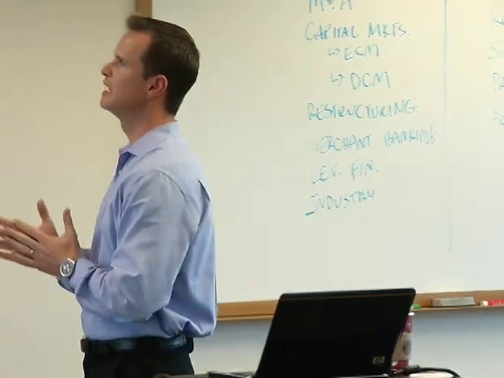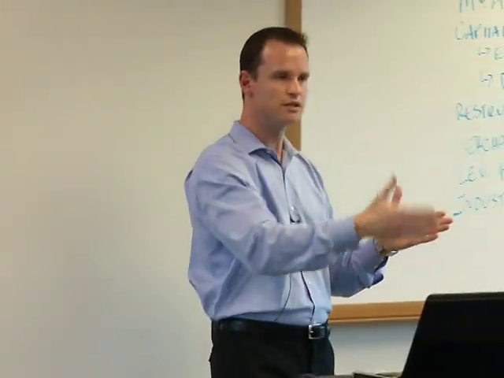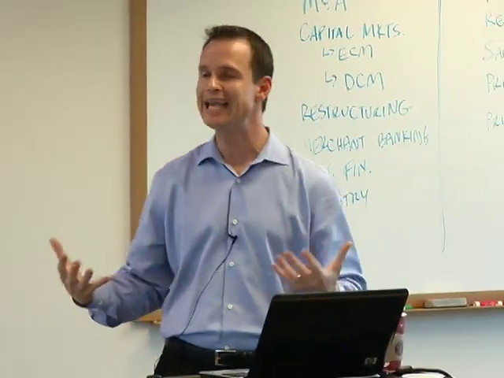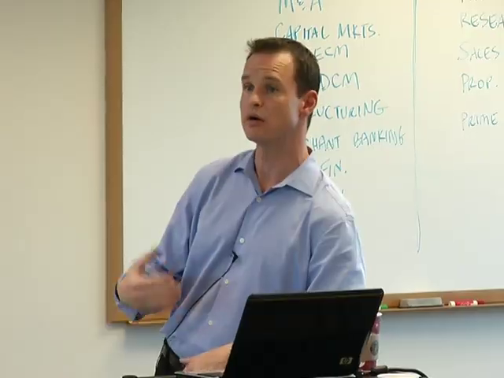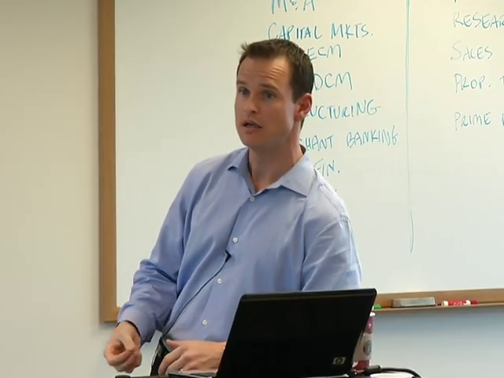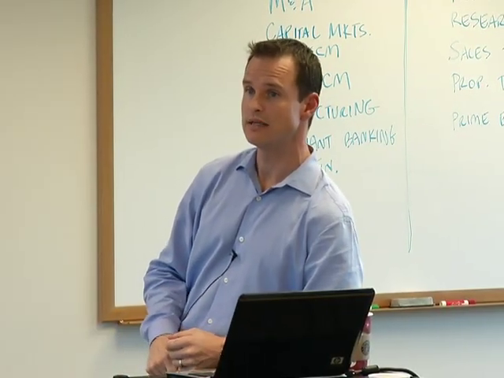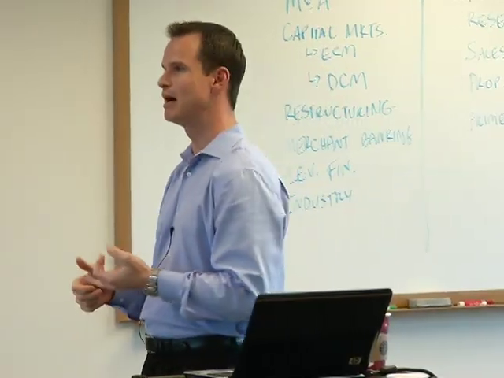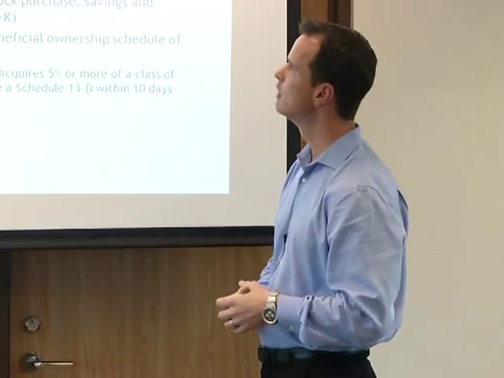Some other filings you might see, an 8K. Unlike a 10K or a 10Q, which gets filed at regular intervals throughout the year, an 8K is only going to get filed upon the occurrence of a material event in the company's business. They decide to sell the company, buy another company, sell a division, they fire or hire a new CEO, they enter into a big financing agreement with a bank.